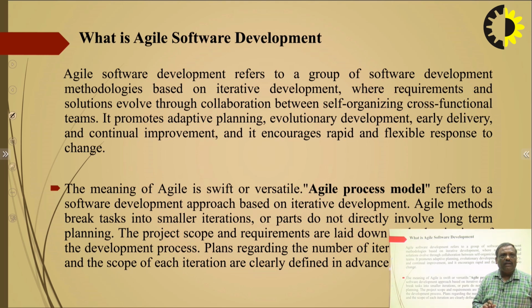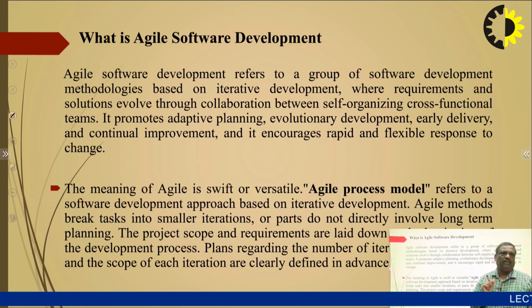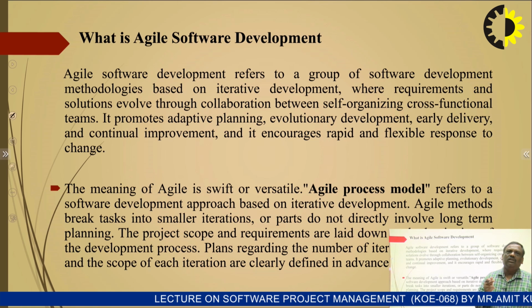Iterative development means we work on a single phase, complete it, test it, and get feedback from the client side. If there is any update or change from the client side, then we solve it.